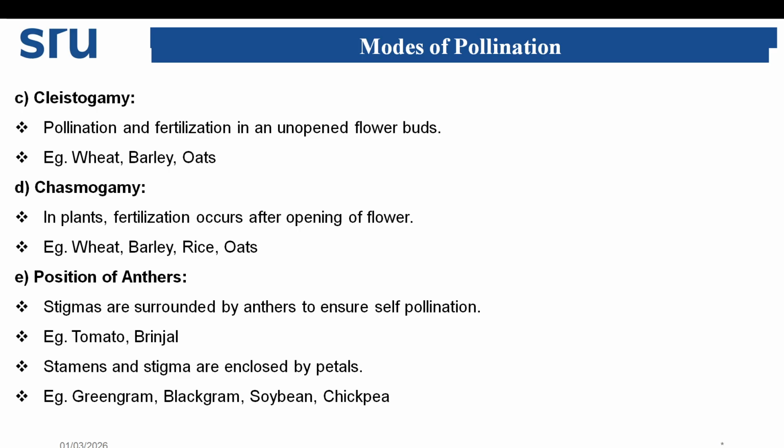And the second condition is when stamens and stigmas are enclosed by the petals, that is, when the corolla covers the reproductive parts. This you will find in green gram, black gram, even in soybean and chickpea. So these are some mechanisms which promote autogamy.